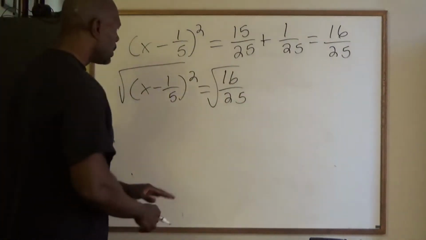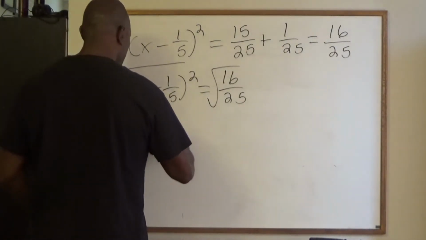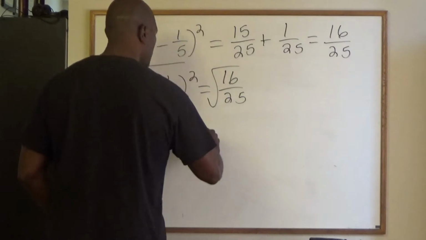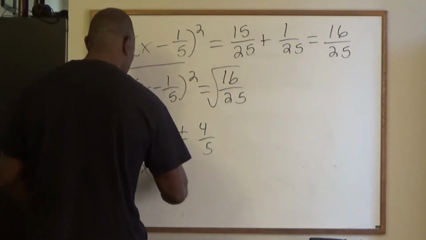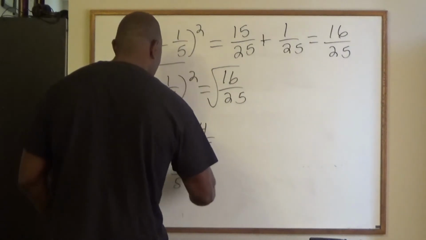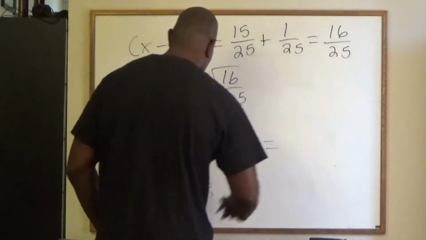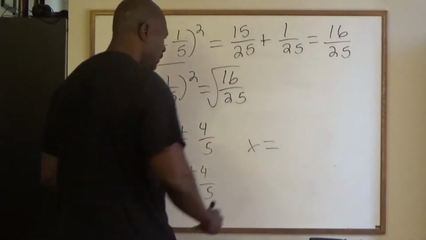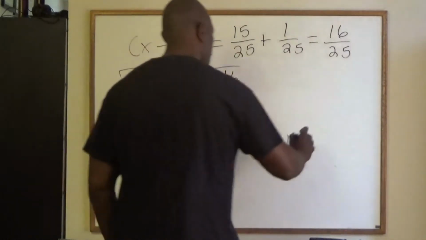I'm going to go a little bit quicker because it's the same end of the story. This will be x minus 1/5 equals plus or minus 4/5. And then you add 1/5 to the other side. That's 1/5 plus or minus 4/5. And 1/5 plus 4/5 is 5/5, which is 1. And 1/5 minus 4/5 is negative 3/5.